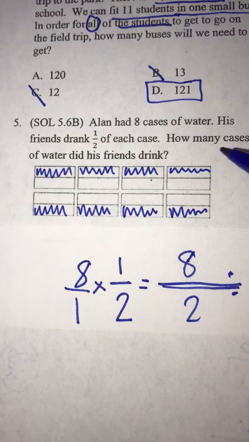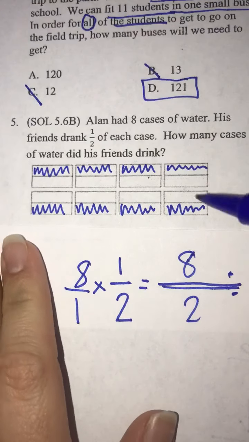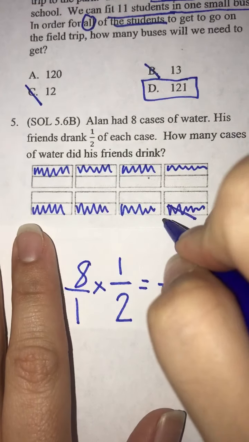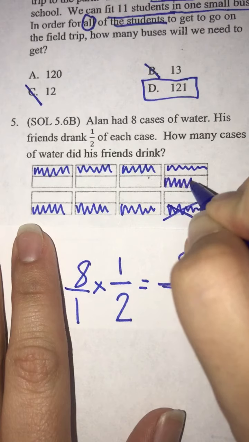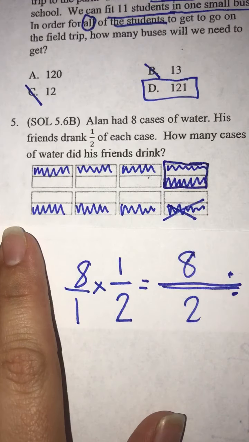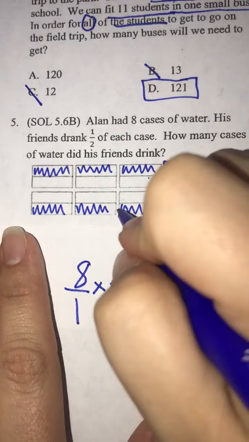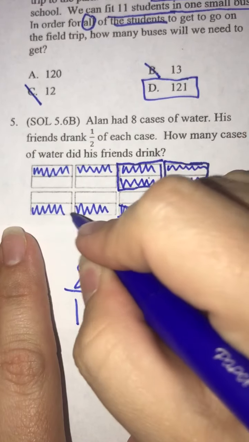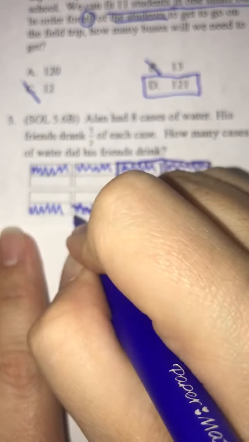Okay, so what I'm going to do is take this half of a case, combine it here so that I can see that's 1 whole case gone. I'm going to take this half and move it over. As long as your fractional pieces are the same size, which obviously they are, based on the picture, you can move them around.